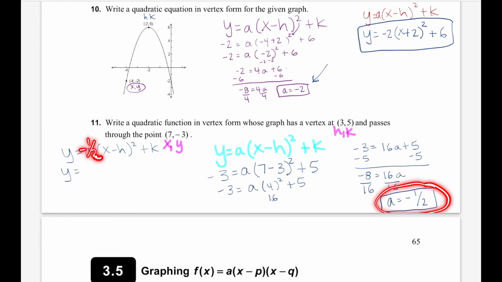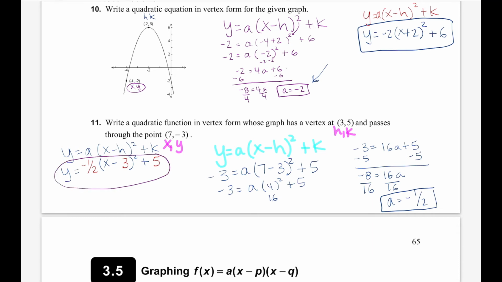And for the h, I have my h is 3. So I'm going to have x minus 3 here. And then in for my k is 5. So I'm going to put a 5 in here. So we're just going to substitute those numbers in for our equation. Negative 1/2 in for a, 3 in for h, and a 5 for k. So I have negative 1/2 times (x minus 3) squared plus 5. And that would be my equation.